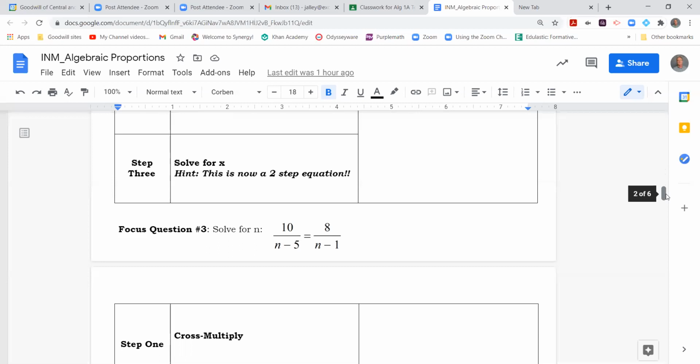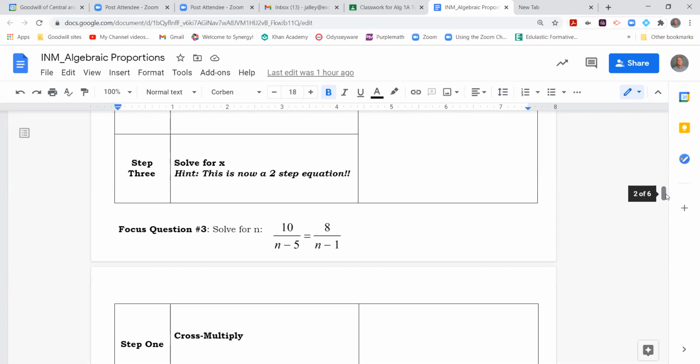Because 8 minus 8 is still 0. 0n is still 0. Thus, the zero pair. 2n minus 10 equals negative 40. Now I got another zero pair here to create on the next line with just the integer negative 10. 2n equals negative 30. So what's n going to be? Negative 15. Very good.